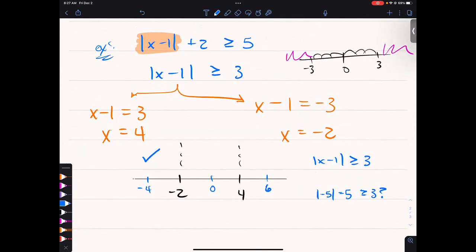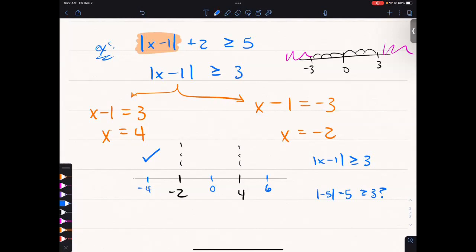So take something to the left of negative 2, plug it into the inequality. You can go back to the original thing or use this. This will be a little bit easier to work with. Plug it into that. Negative 4 minus 5 is negative 5. Absolute value negative 5 is 5. 5 is bigger than 3, so it's true here.